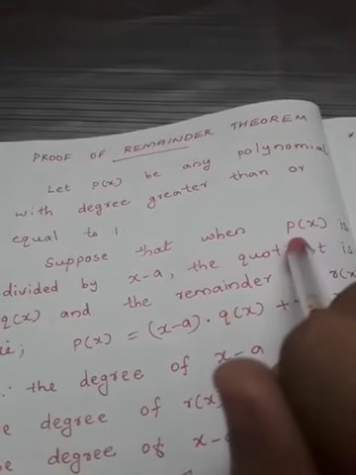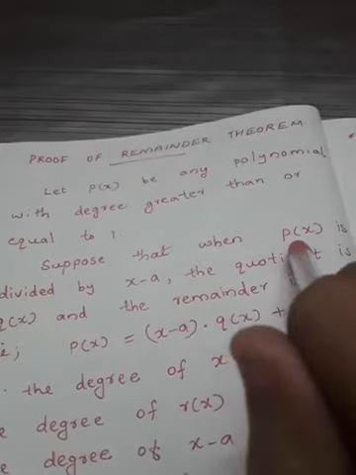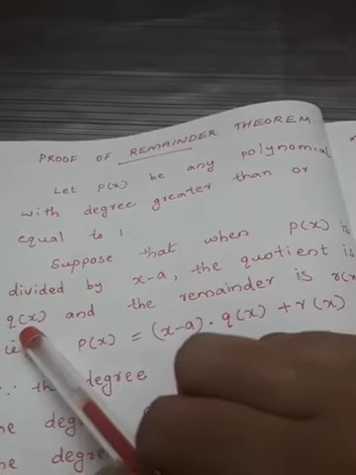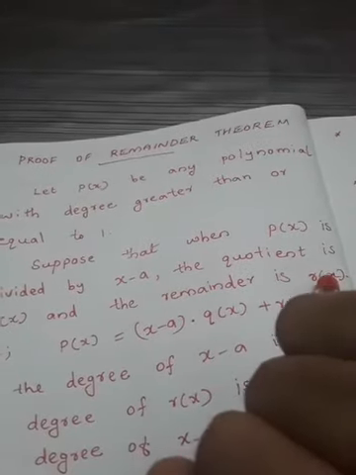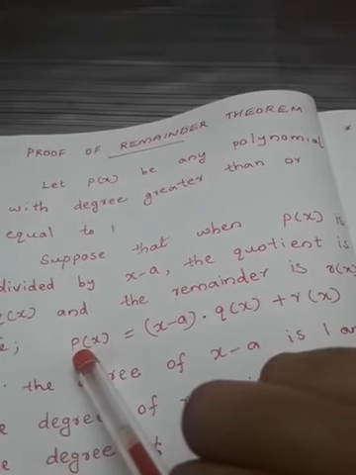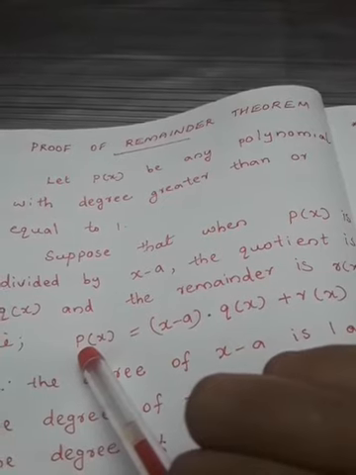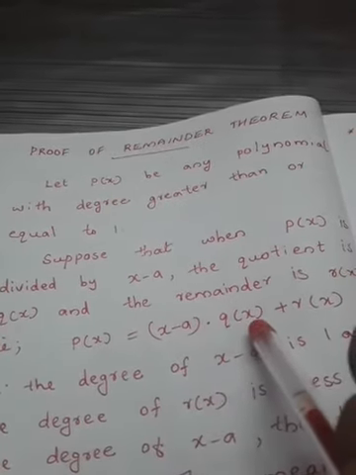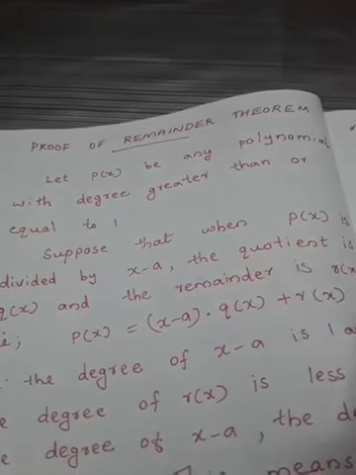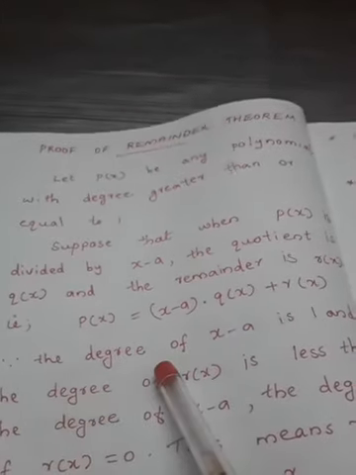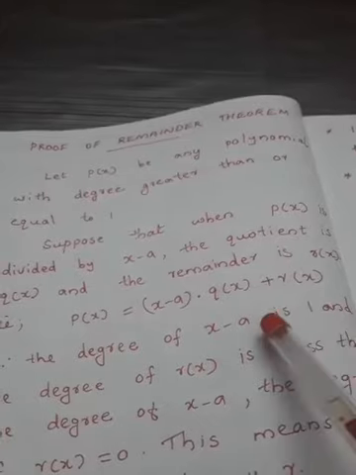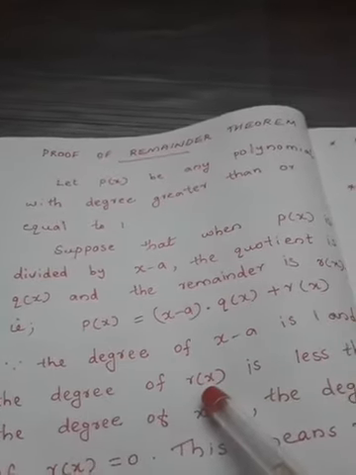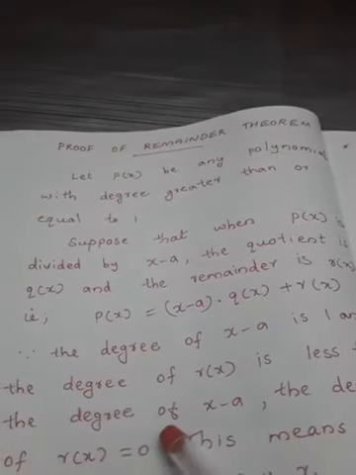So here the dividend is p of x, the divisor is x minus a, the quotient is q of x, the remainder is r of x. By the division algorithm for polynomials, we can write p of x equals x minus a into q of x plus r of x. The degree of x minus a is 1 because it is a linear polynomial, and the degree of r of x is less than the degree of x minus a.